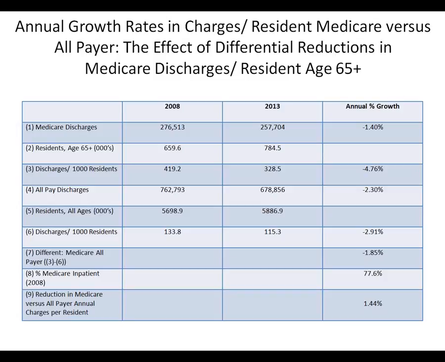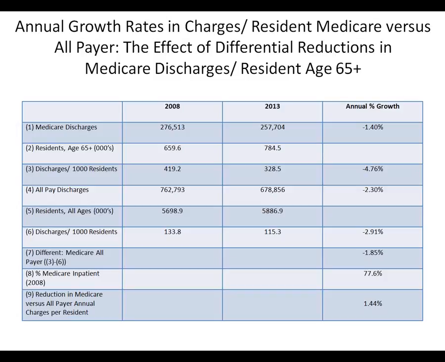Well, just to clarify, I think what you're saying, and I think Jack is saying this too, but I'm not sure, is that the reduction in discharges is part of the difference in the charge per resident.